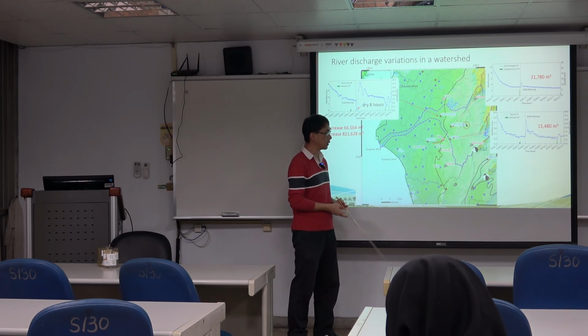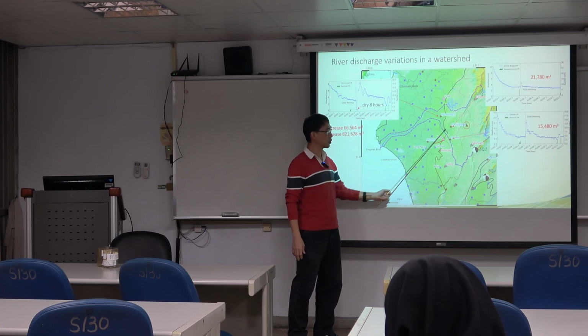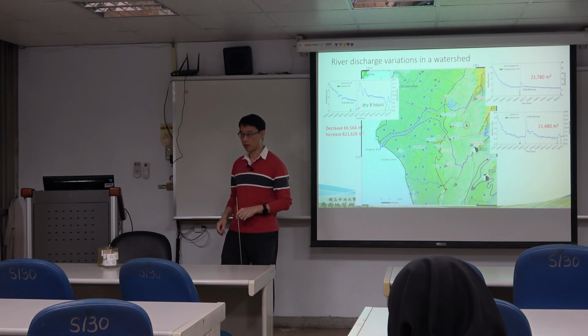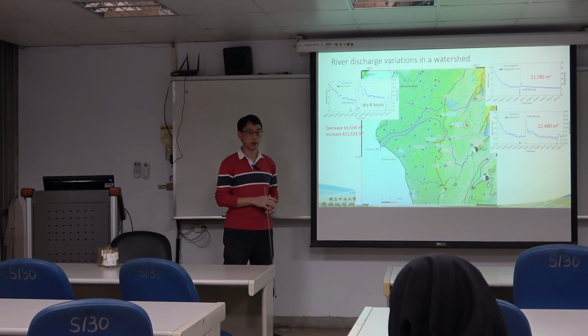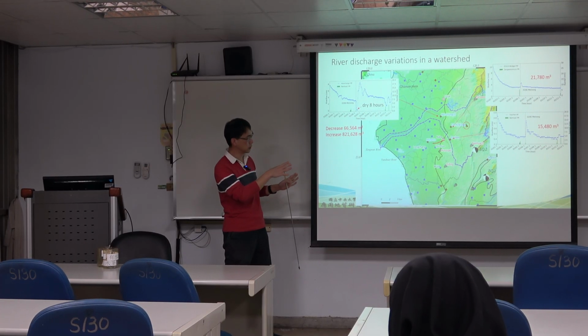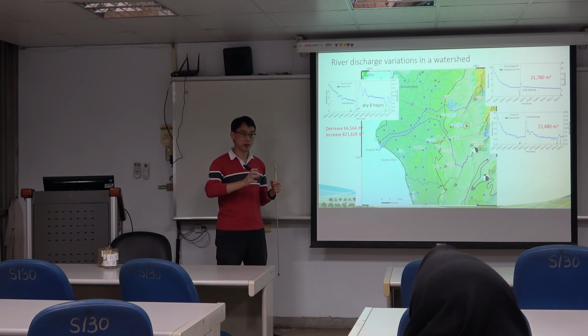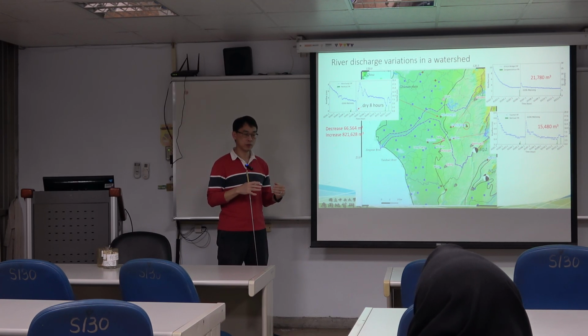And another could be liquefaction. I don't know if you have ever seen the liquefaction phenomenon or not. For the Tohoku earthquake, there is a video on the website. When the earthquake happens, liquefaction occurs. The water is squeezed out very largely, so it could release a huge amount of water during earthquake events.